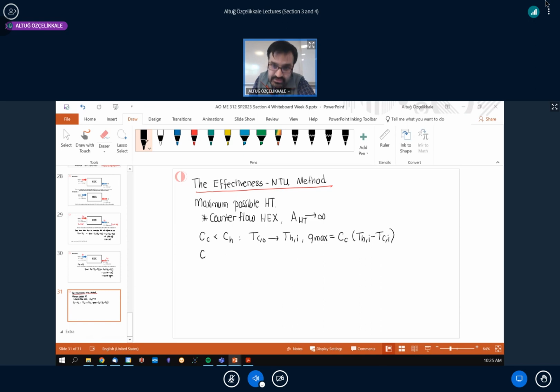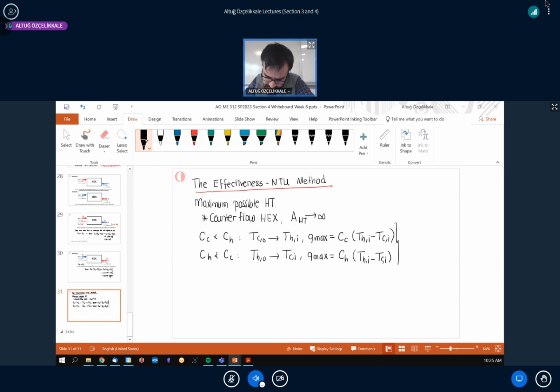How about the other way around? This time the hot fluid outlet temperature is going to approach that of the cold fluid inlet temperature, and we are going to be calculating using the hot fluid heat capacity rate.